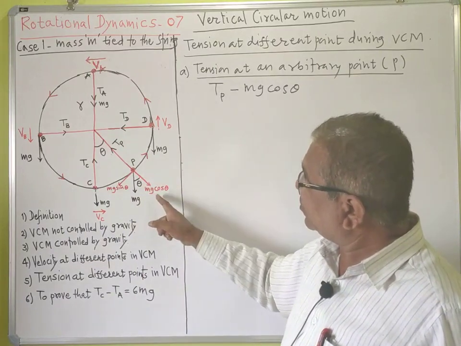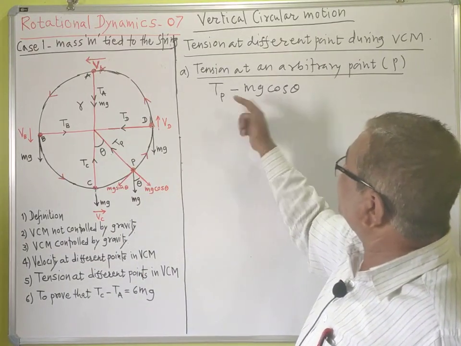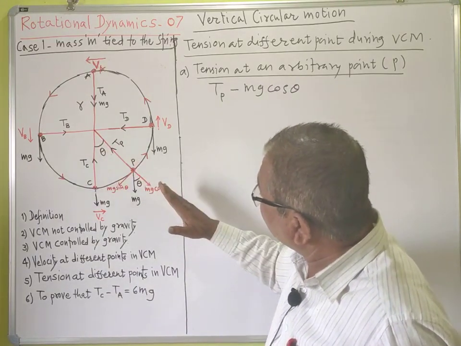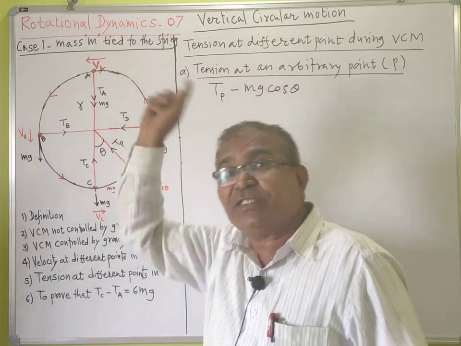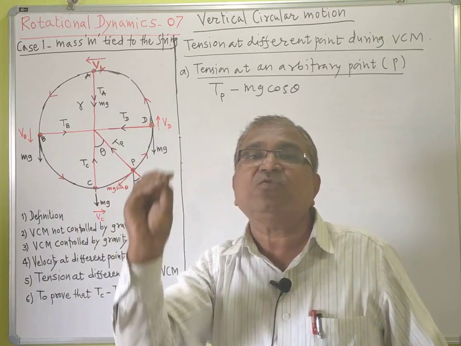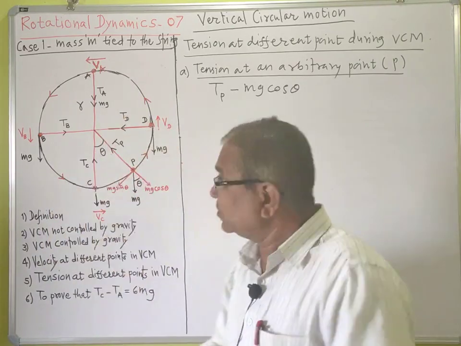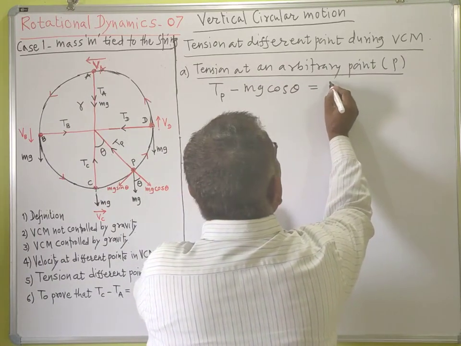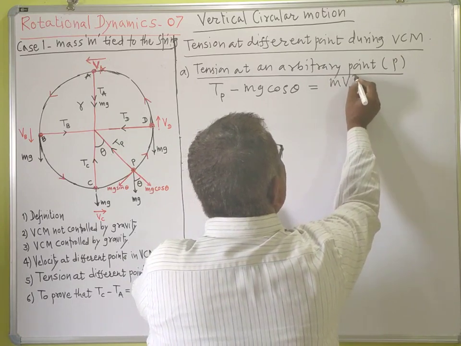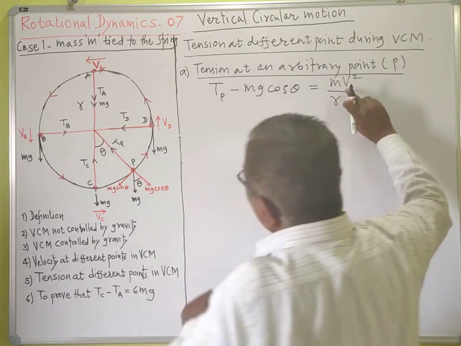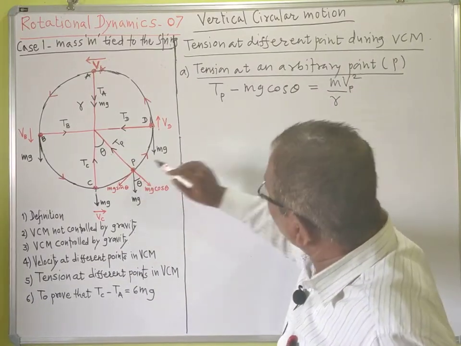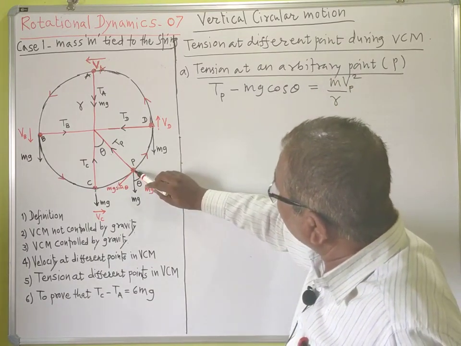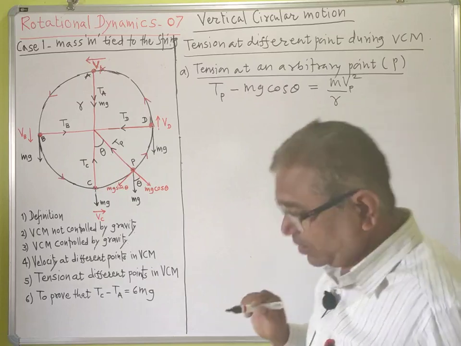So I have subtracted the smaller force, mg cos theta, from the greater force, and we get the resultant force, which is again towards the center, acting as the centripetal force. It is given by Tp minus mg cos theta equal to m vp square upon r. The velocity at point P is Vp, so the centripetal force acting at point P is m vp square upon r.